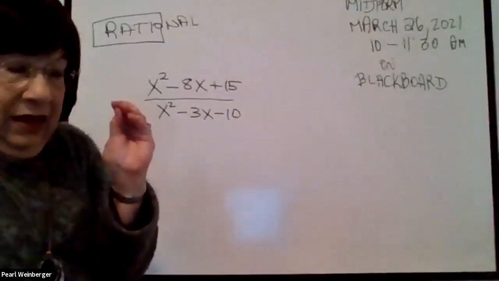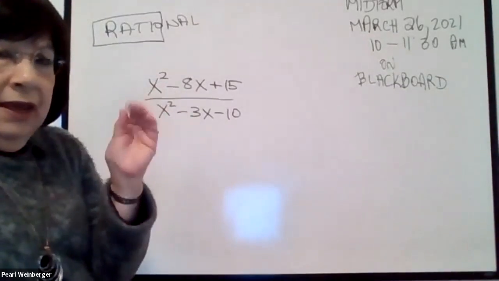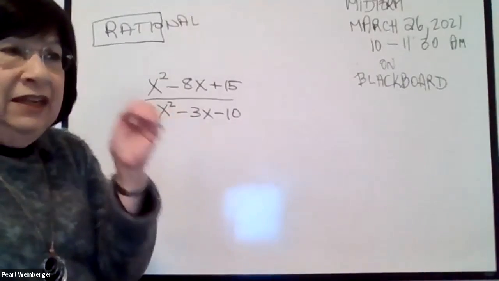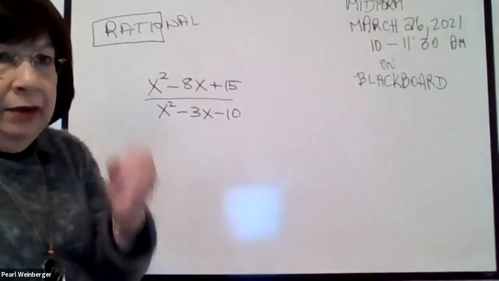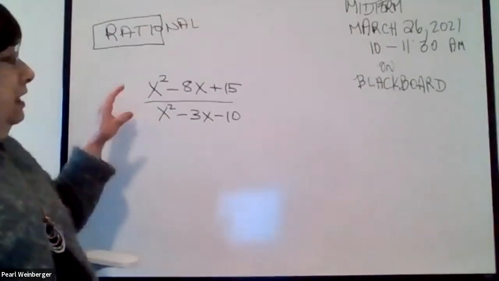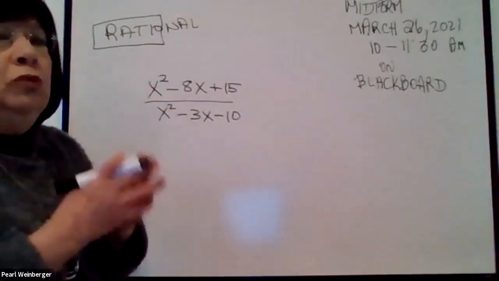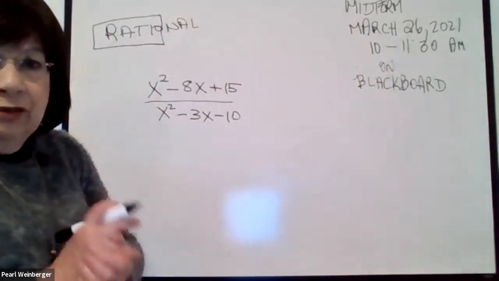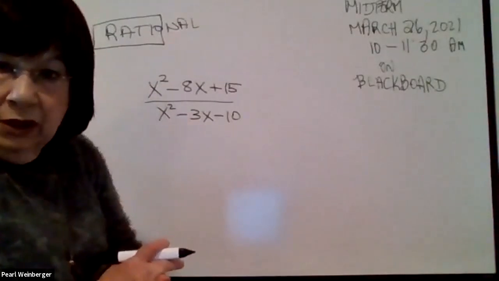The concept is the same. We want to try and reduce our fraction by finding a common factor in both the numerator and the denominator. But when we're finding common factors with polynomials, we have to do polynomial factoring, the way we have been doing it in chapter 4.